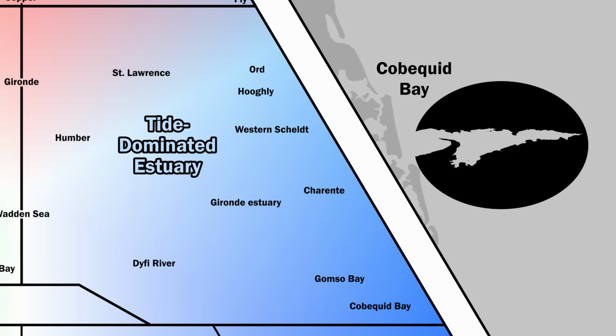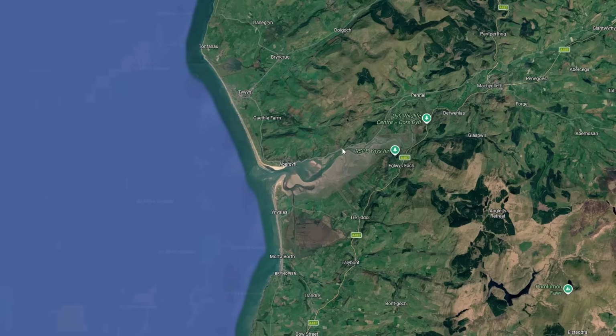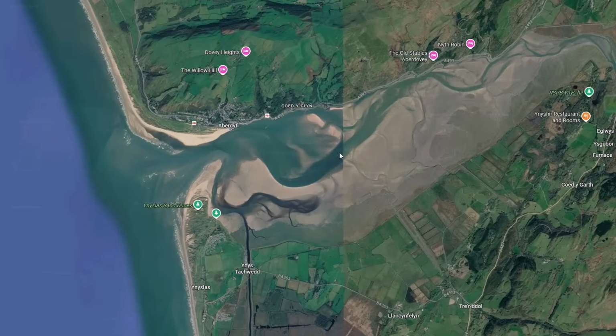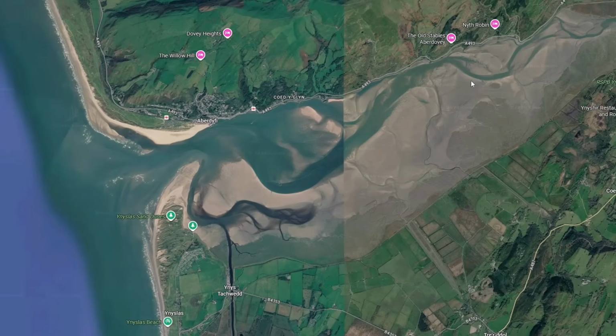Another example of a tide-dominated estuary is the Dovey River in Wales. And this estuary also has wave action as well. This can be seen in the unique features it forms. So as you can see, we do have this one channel that widens as it meets the sea. Although this is much less extreme since the river is much smaller and the tides are a bit less.